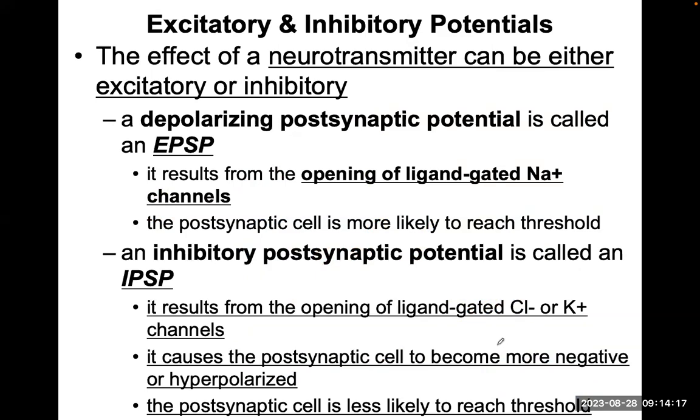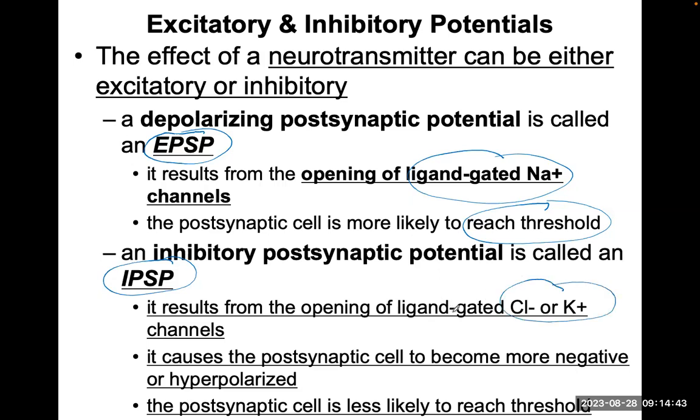The effect of a neurotransmitter can either be excitatory or inhibitory. A depolarizing postsynaptic potential is called an excitatory postsynaptic potential, and that's going to happen through the ligand-gated sodium channels opening. That's because threshold was met. An inhibitory postsynaptic potential is called an IPSP, and it results from the opening of the potassium channel.